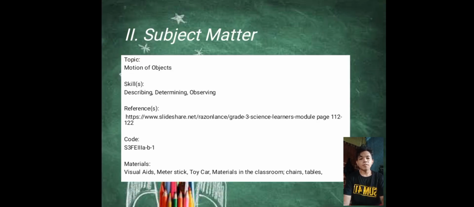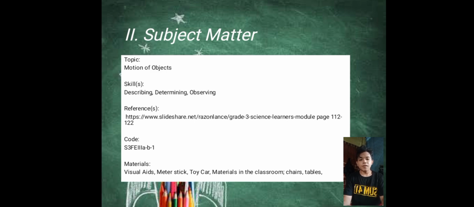And then, moving on to my subject matter. My topic is motion of objects. The skills that the students will be able to acquire are describing, determining, and observing.